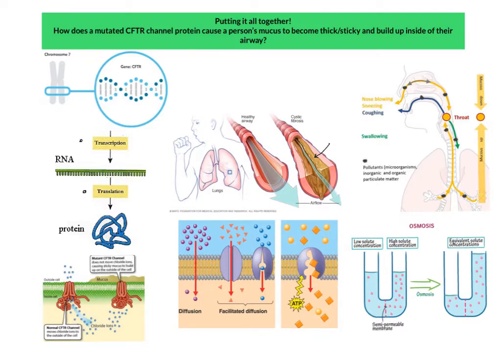Just to be clear, when we're talking about this gene, this section of DNA on chromosome 7, when a cell wants to create the CFTR channel protein, it's going to transcribe that gene into RNA, which is a single-stranded nucleic acid.